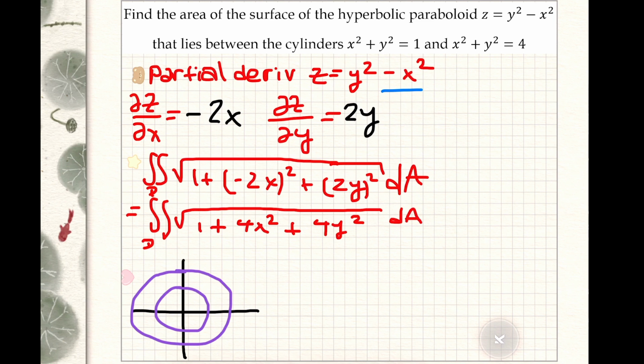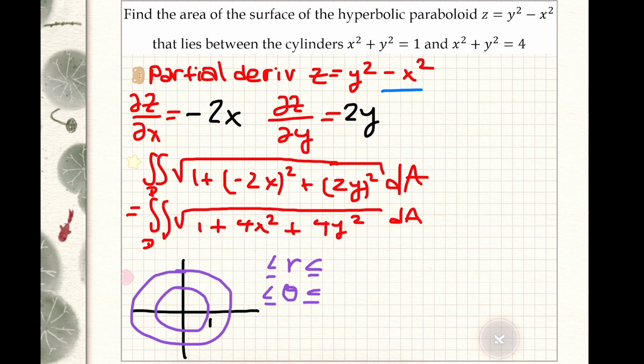So now that we know we have two circles, we should automatically think of polar coordinates, because this will make the process a lot easier. Therefore, we are defining our parameters in terms of r and theta. The first circle has a radius of 1.